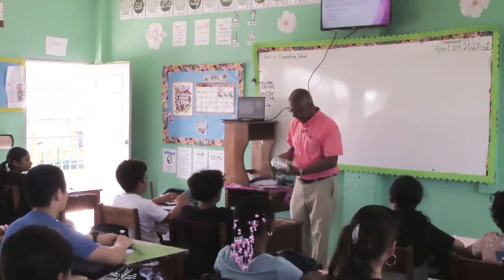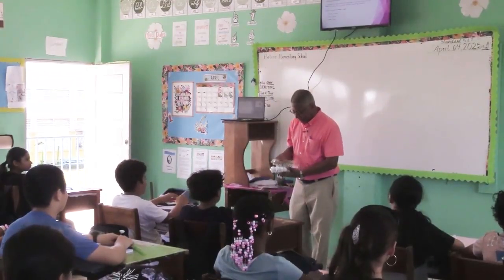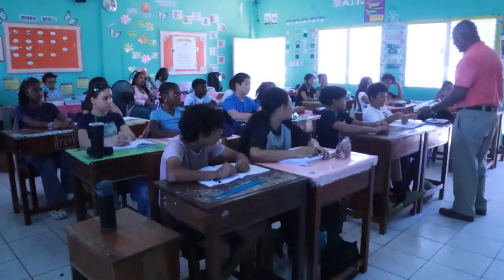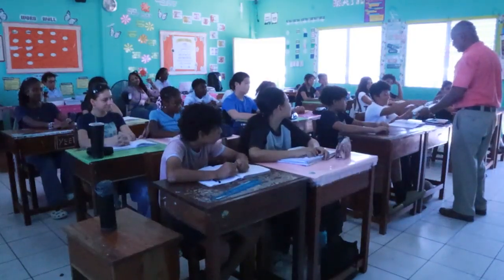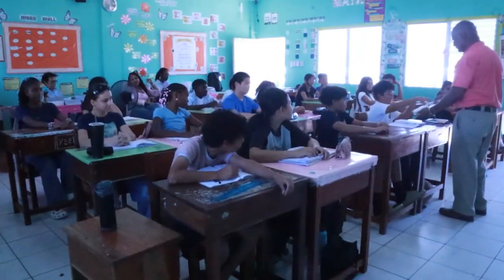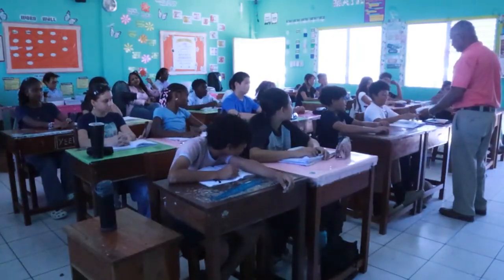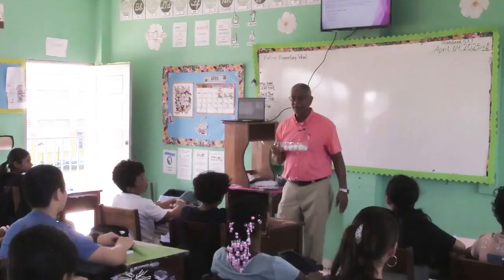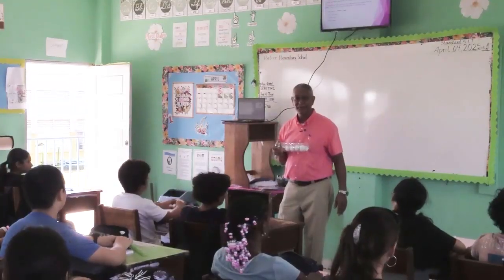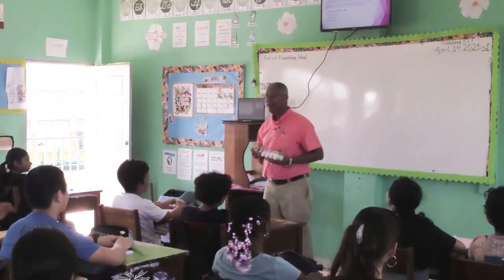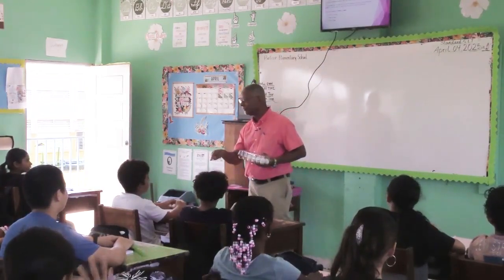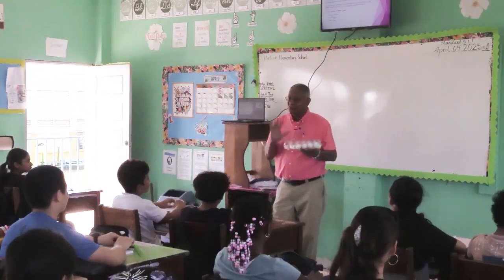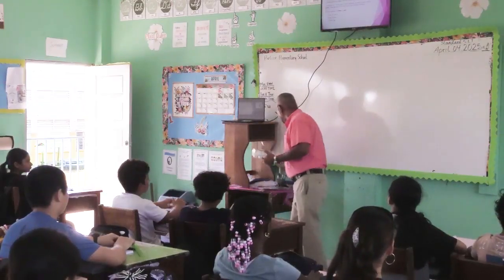And if I asked you, I'll pick one of the students here, to take 3 eggs out of the box. Do I still have a box of 12 eggs? How many eggs did he take out? 3. So he took out a fraction of the 12 eggs.